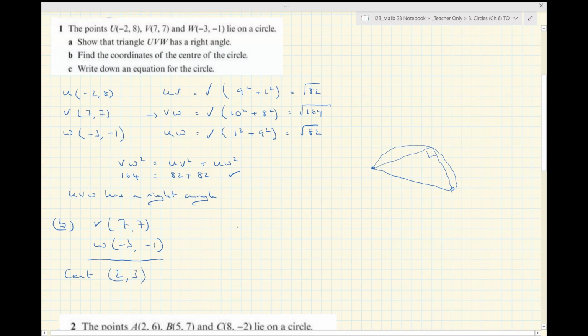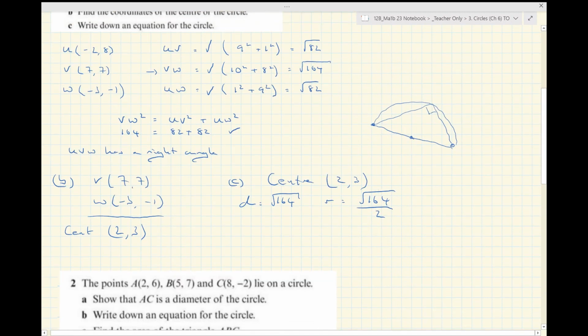And part C, write down an equation for the circle. Well, I know the centre is 2, 3. Do I know the radius of the circle? Well, I know the diameter is the square root of 164, so the radius will be half of that, the square root of 164 over 2.